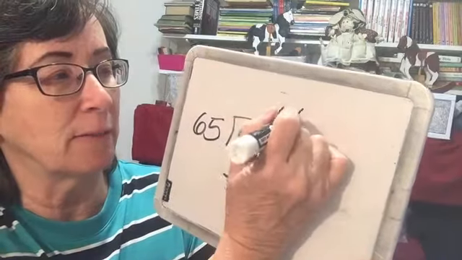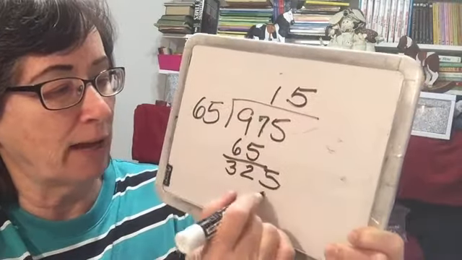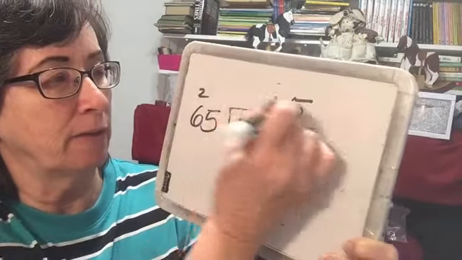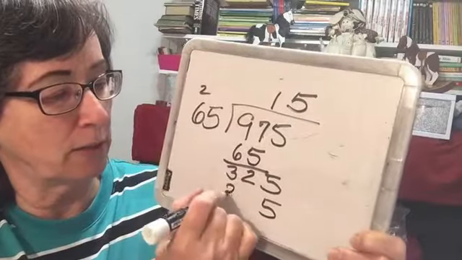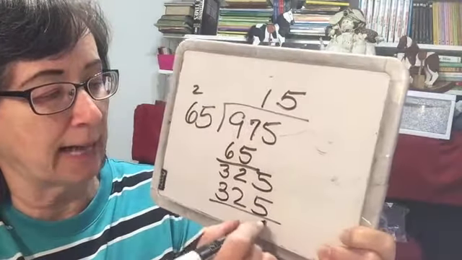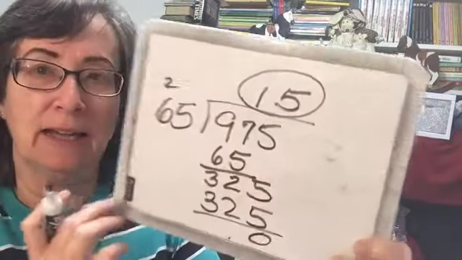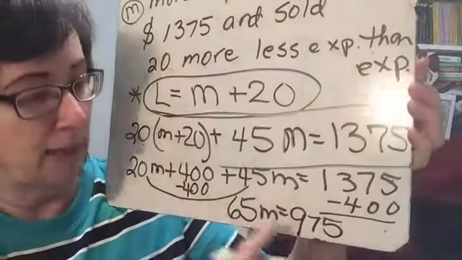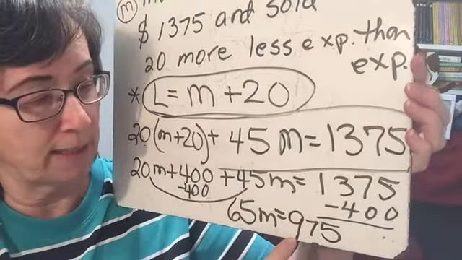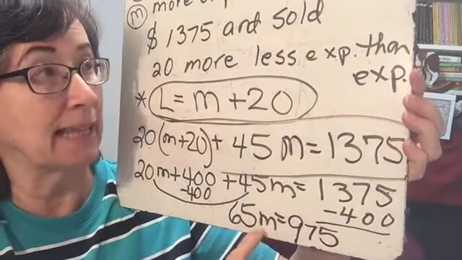Let's say 5 times. 5 times 5, 25. 5 times 6 is 30, plus 2 is 32. It comes out exactly, which is nice. So 15 is the answer, and 15 is the more expensive dresses, okay, because that's the M there.